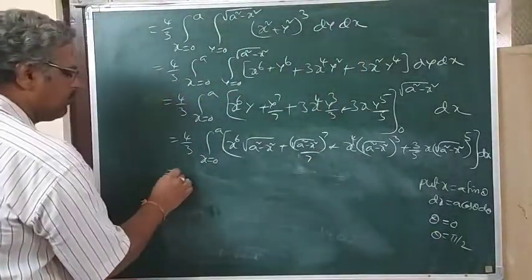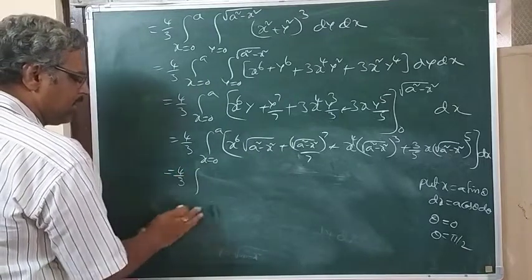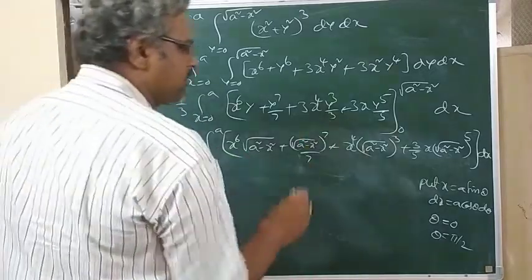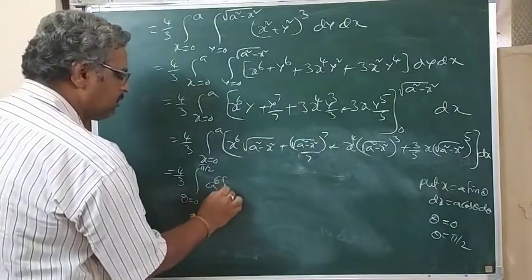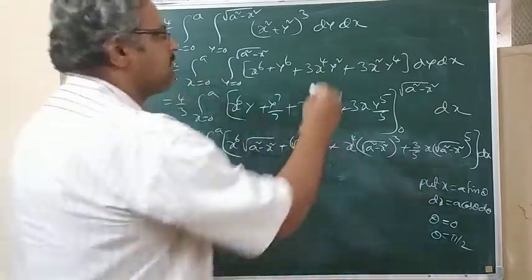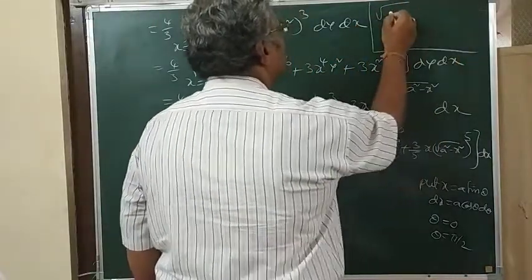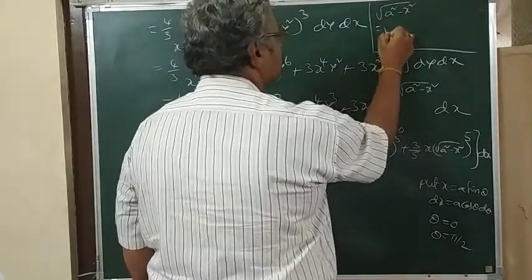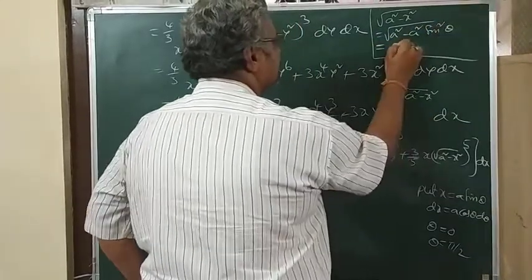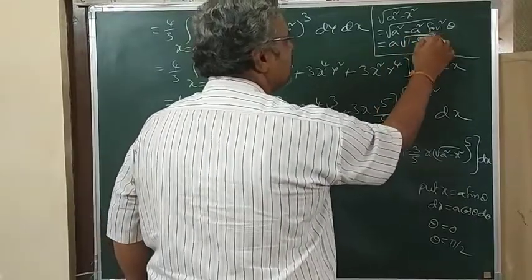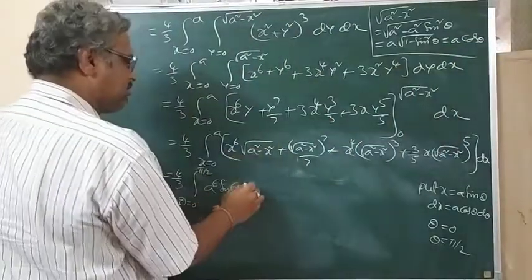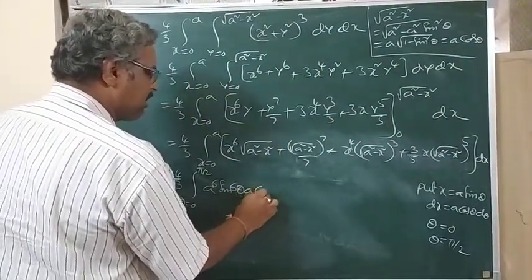Now change the limits. 4 by 3 times the integral theta is 0 to pi by 2, x power 6 is a power 6 sin power 6 theta, into root over a square minus x square. Root over a square minus x square is root over a square minus a square sin square theta, which is a into root over 1 minus sin square theta, which is a cos theta. So this term is a cos theta.